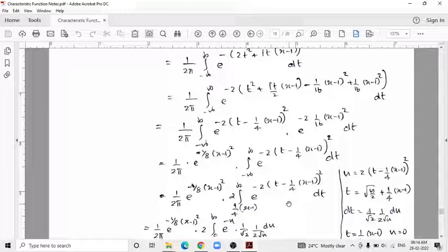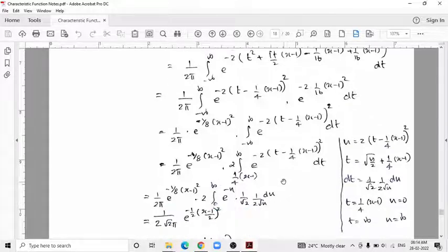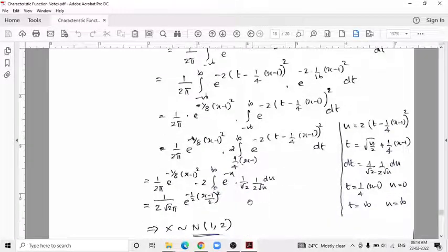So that's why we have this point of symmetry as 1 by 4 into x minus 1. So it is twice the integral from 1 by 4 into x minus 1 to infinity, and so on.